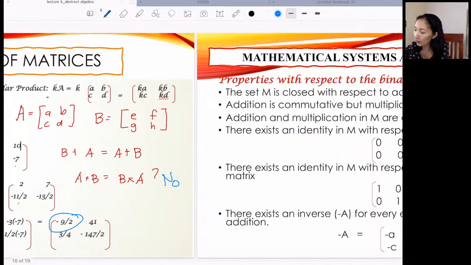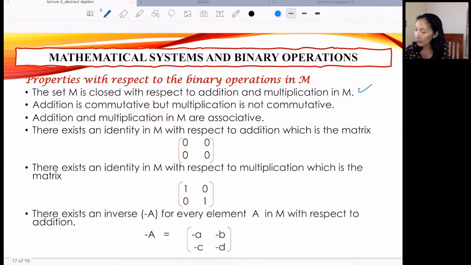We're done with the first property, second property. Next, number 3. Are the operations addition and multiplication in M associative?